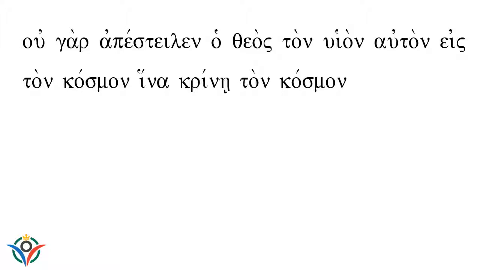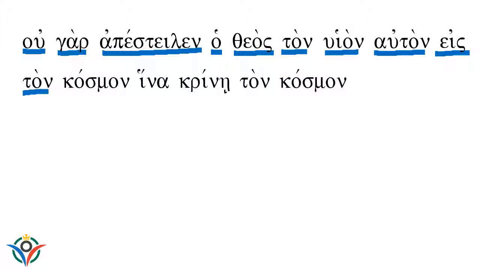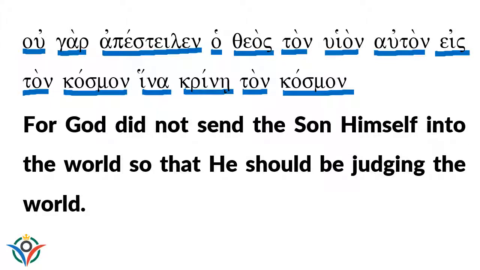So we have time for one more translation example. The Greek text reads as follows: ou gar apesteilen ho theos ton huion auton eis ton kosmon hina krinei ton kosmon. So our translation: for God did not send the Son himself into the world so that he should be judging the world.